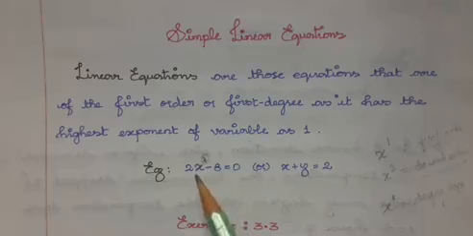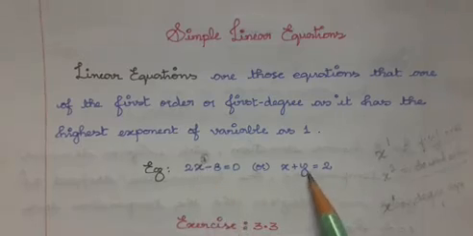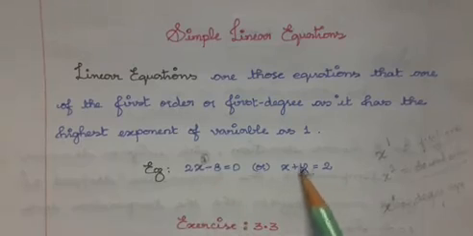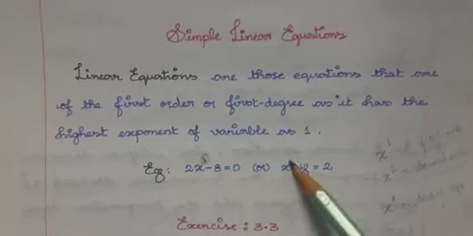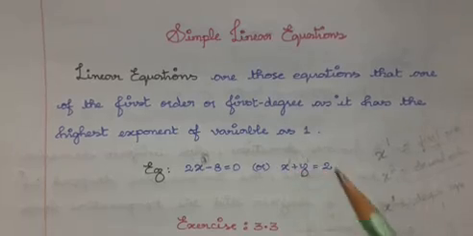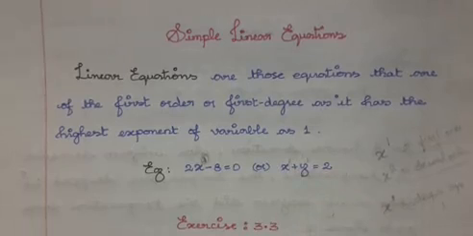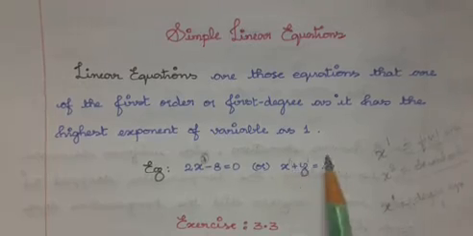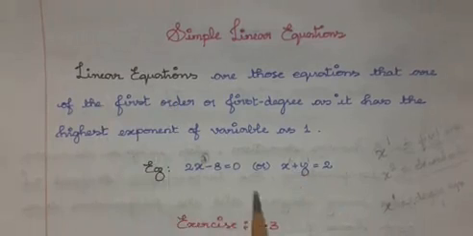In an equation we can have one variable or two variables. I have given another example with two variables, but when you check the power of both the variables, it is 1. Whenever many variables are there in an equation, if they bear the power 1, then those equations are called linear equations.